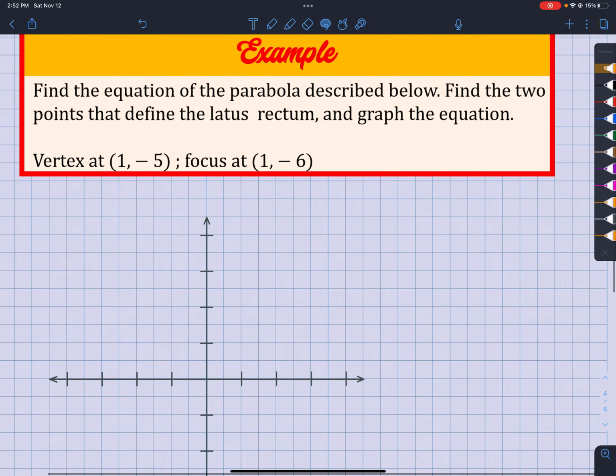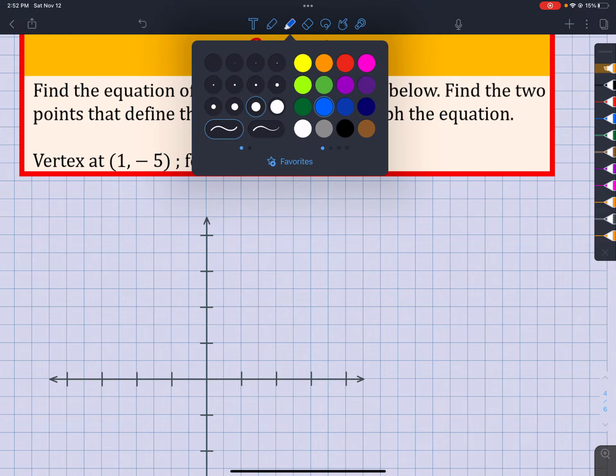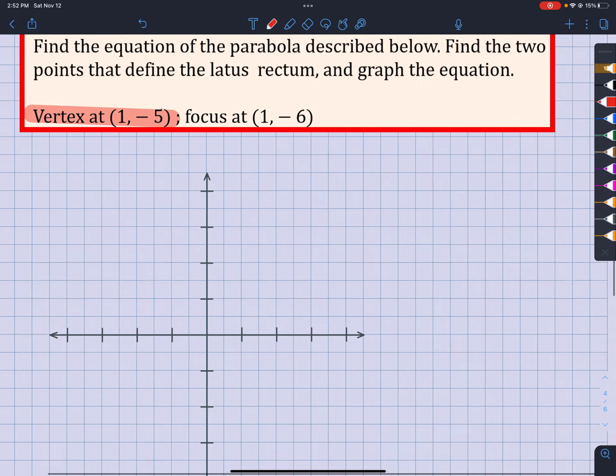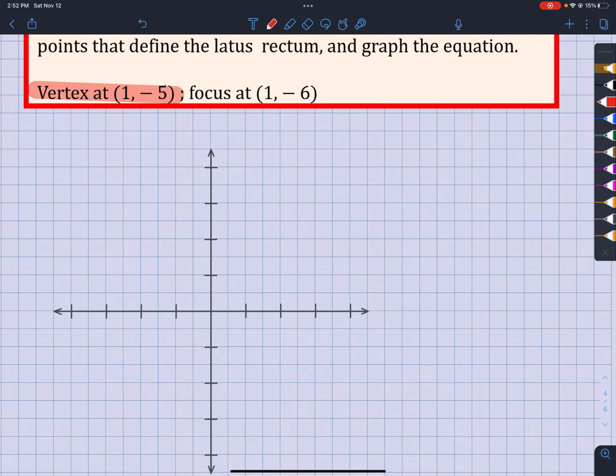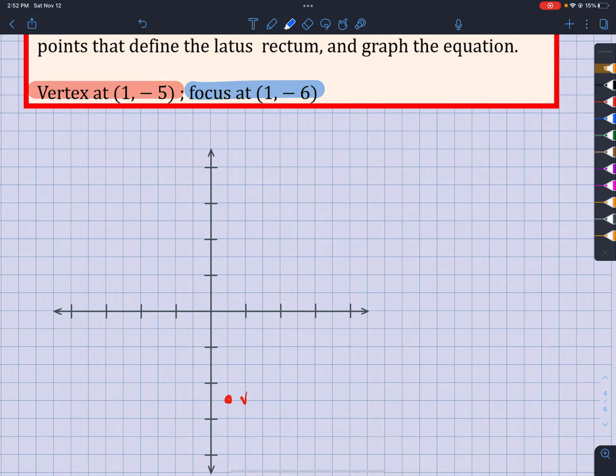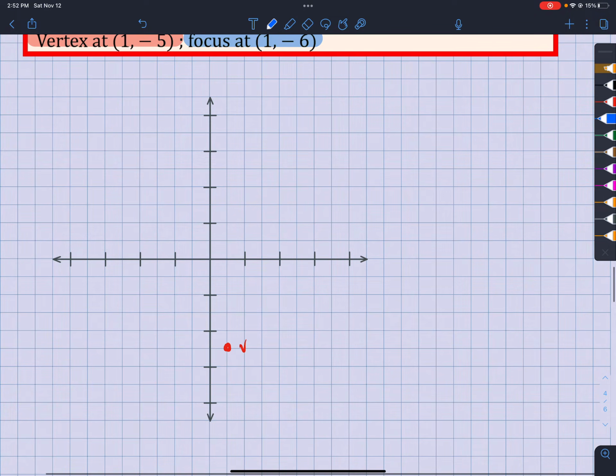Let me draw the vertex in red. 1, negative 5 is right here. That's my vertex. And then let's take the blue. The focus is 1, negative 6. So 1, negative 6 is right here, and this is the focus.